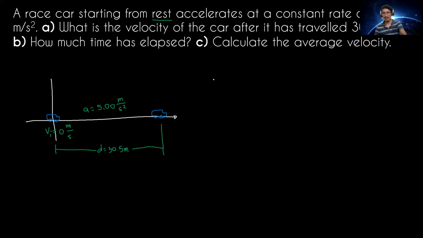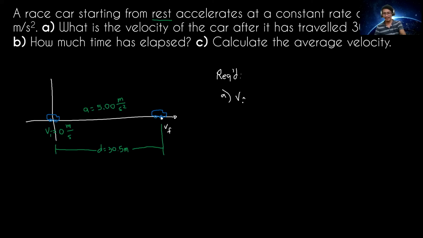Then, identify what is required. What is our required? First required, for letter A, the unknown is the velocity of the car after it has traveled. So that means the velocity at this point. This is the end of the motion, right? So that is our final velocity. Do you follow?